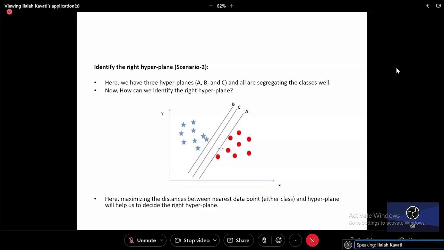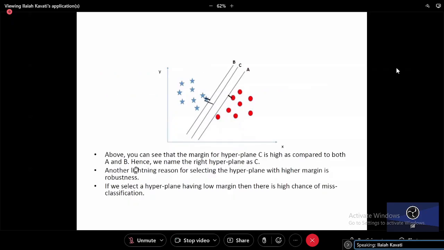A has maximum distance from the stars, but from the circles A has low distance. But C is moderate: from the stars it is a little bit higher, and from the circles it also has a good distance. So that's why we need to choose C as the correct hyperplane.